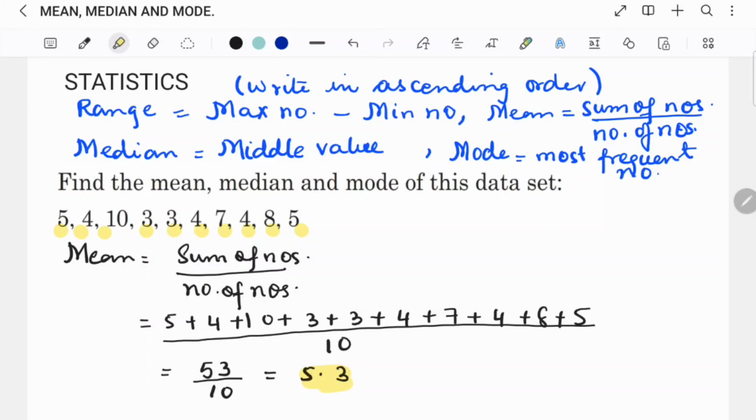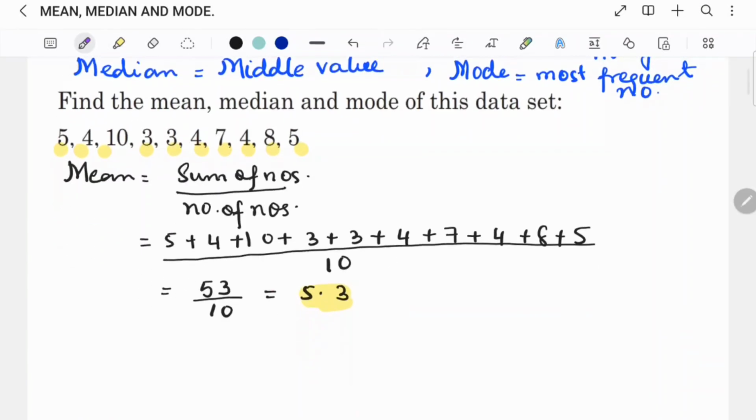For finding the median, the center or middle value, we first write the data in ascending order. Arrange the numbers in ascending order. The smallest number is 3, which comes 2 times.